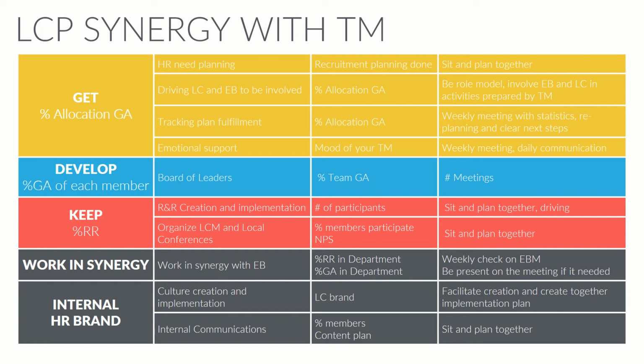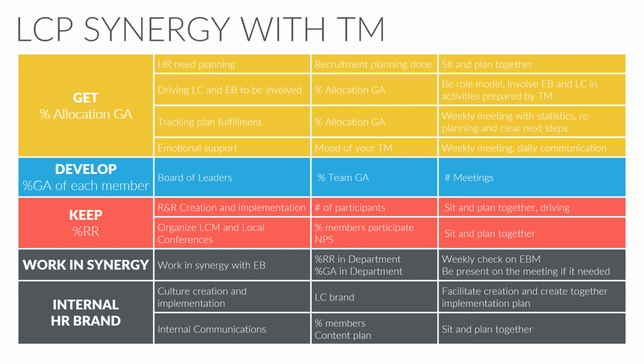For keep roles and recognition, you sit and plan together, and then you are the first person who drives it inside the LC and involves one more time EB and LC. In organization, LCM, local conference, also you sit and plan together how it needs to look like, but don't forget to have clear JD division.